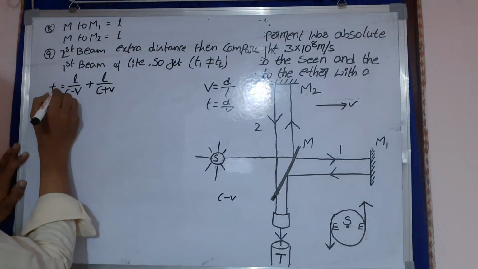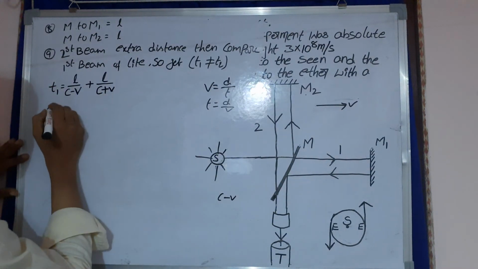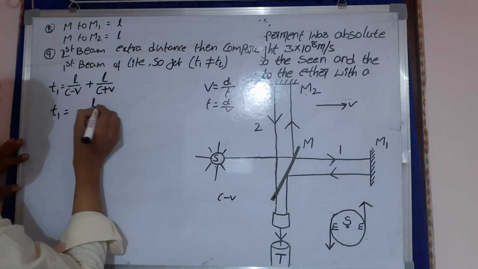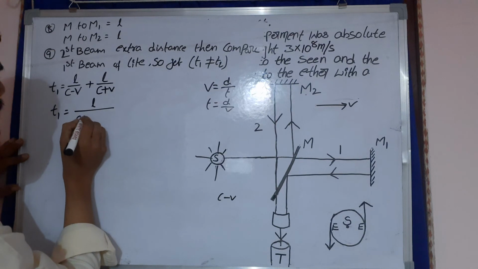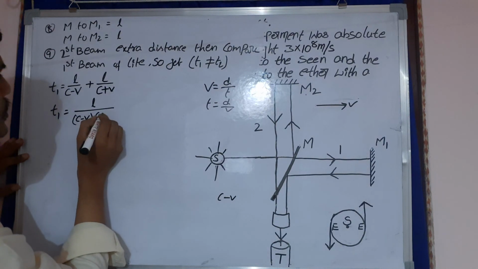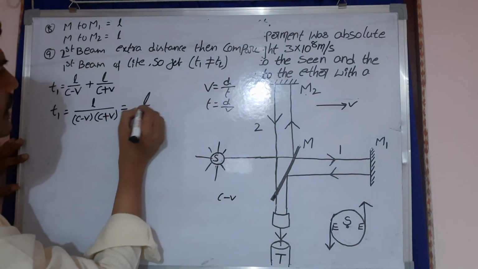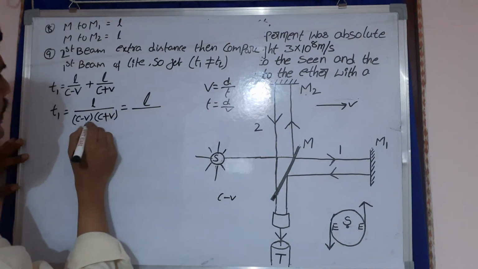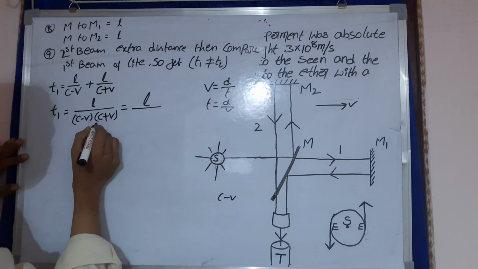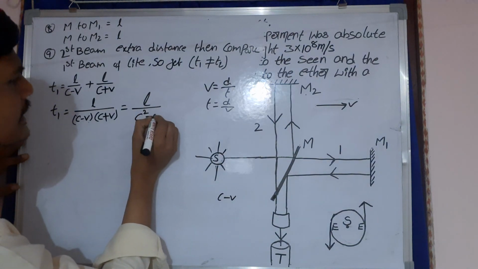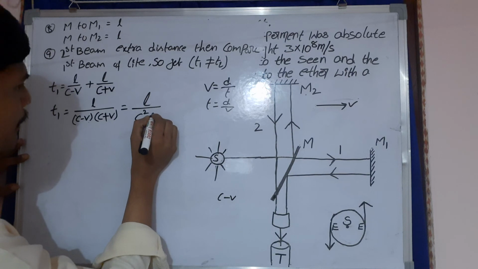This is the time taken, T1, which equals L by c minus v into c plus v, that is L by a minus b into a plus b, which is a square minus b square.